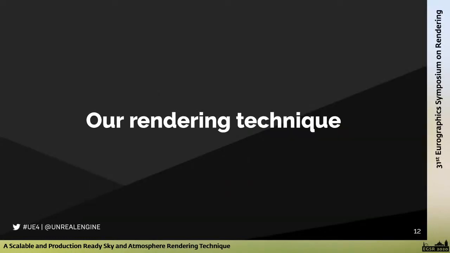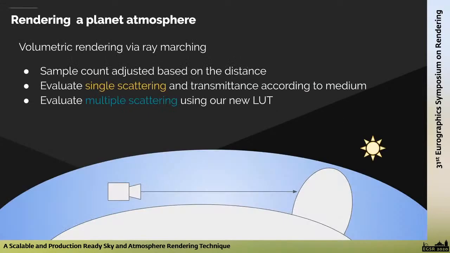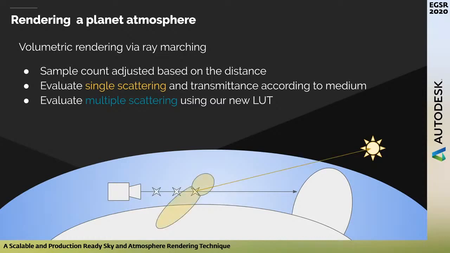So about our rendering technique. How do we render the atmosphere? We will use the typical volumetric raymarching with sample count adjusted based on distance. For each sample, we evaluate the light transmitted through the atmosphere, the phase function, and the atmosphere material, and this way we can deduce the amount of light scattered toward the camera and the transmittance over the background, for example, over the mountains.